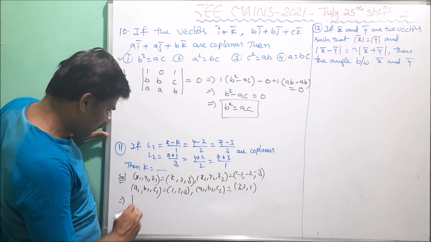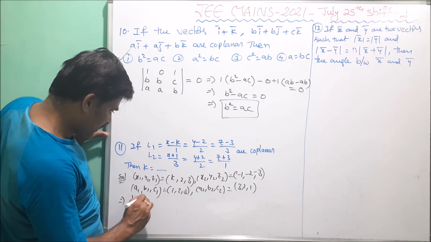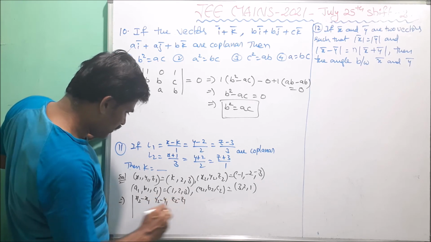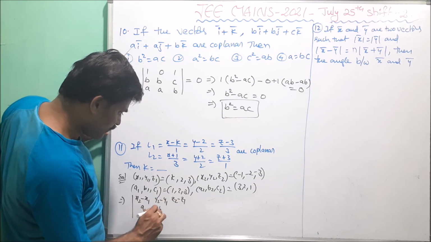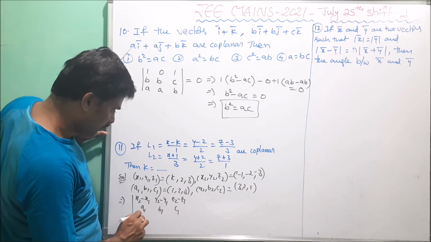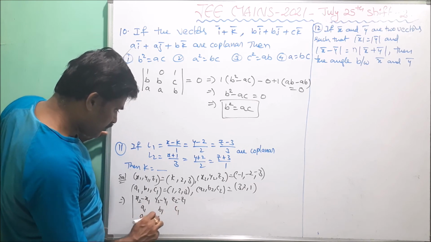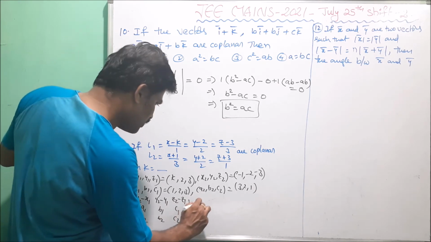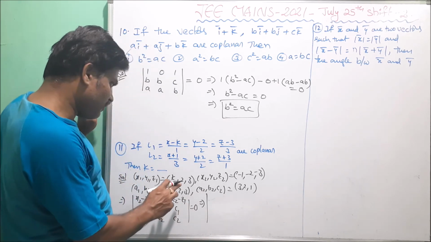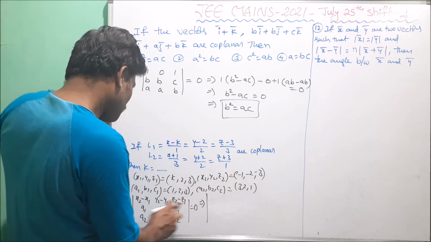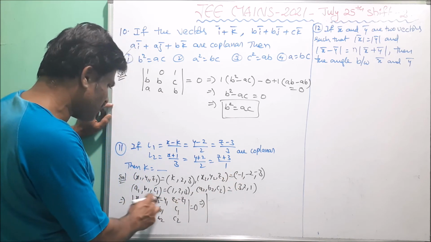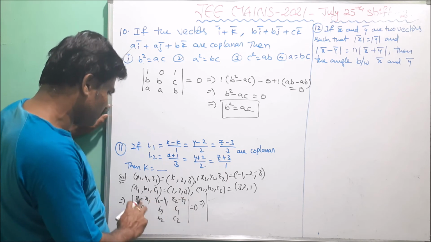Now we take the determinant of x2 minus x1, y2 minus y1, z2 minus z1. The first line DRs a1, b1, c1 can be taken as the second row. The second line DRs a2, b2, c2 can be taken as the third row. That value will be equal to 0. Now from this, we take x2 minus x1, y2 minus y1, z2 minus z1, or x1 minus x2, y1 minus y2, z1 minus z2 also.